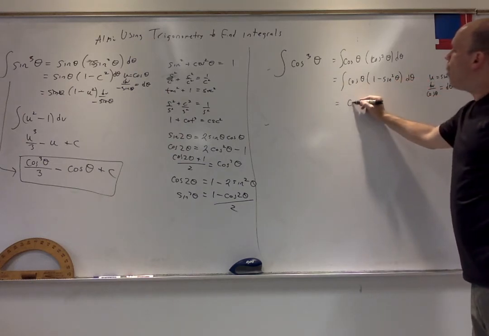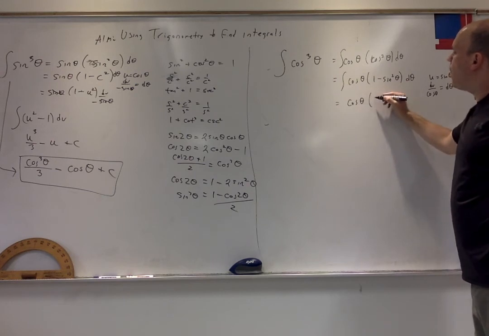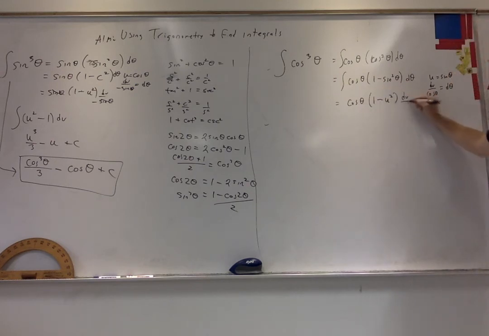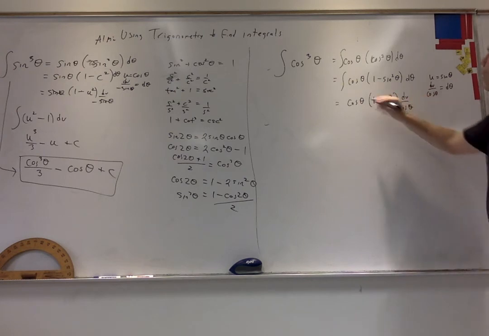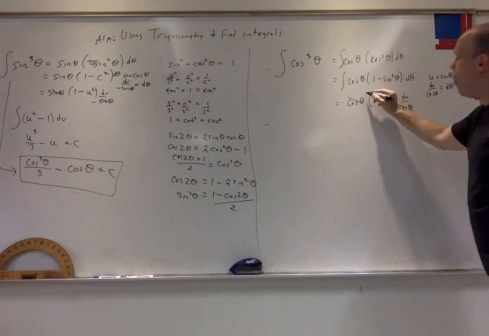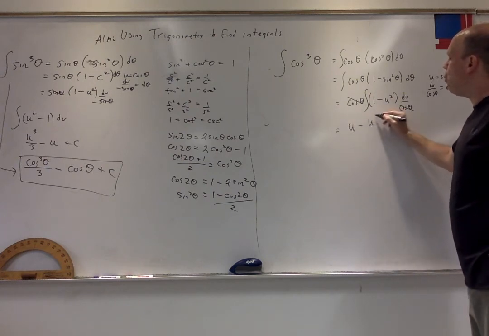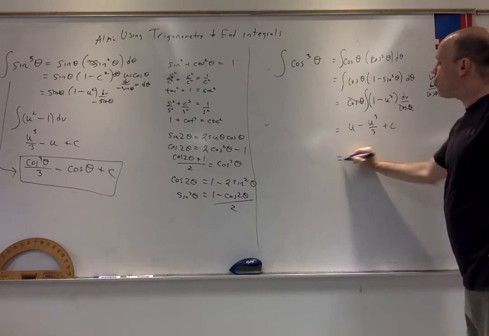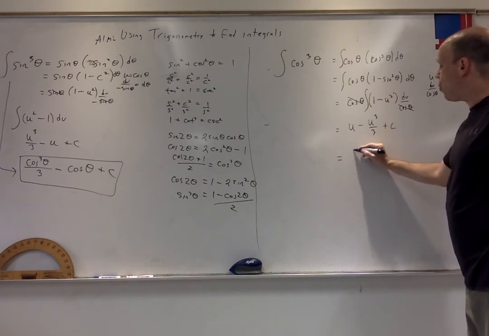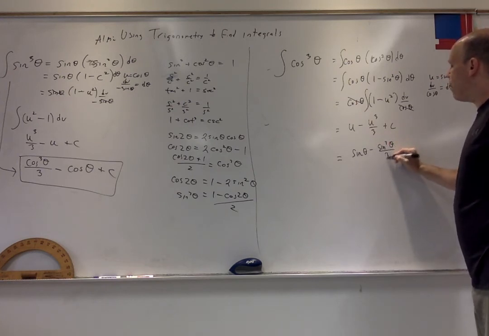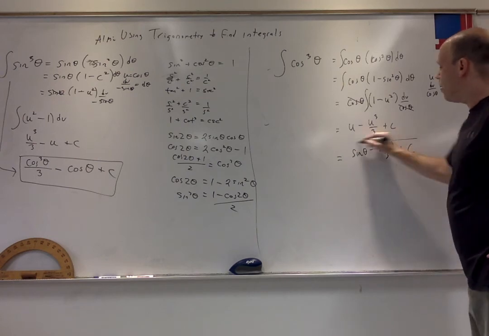So we have cosine theta times 1 minus u squared times du over cosine theta. The cosines knock out. Good. So we have u minus u cubed over 3 plus c. Final answer, sine theta minus sine cubed theta over 3 plus c.